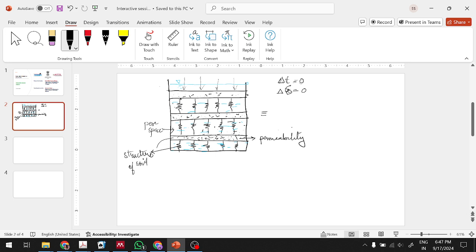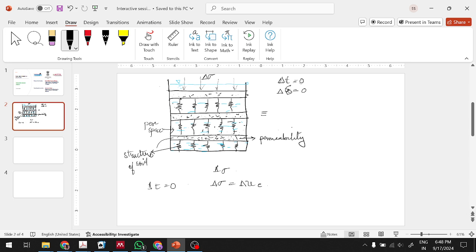There has not been any time for deformation to happen. All of this load that I have applied, the excess load, is carried by the water. So at time t equals 0, all the load that we have applied, which is delta sigma, will be carried by the excess water pressure.